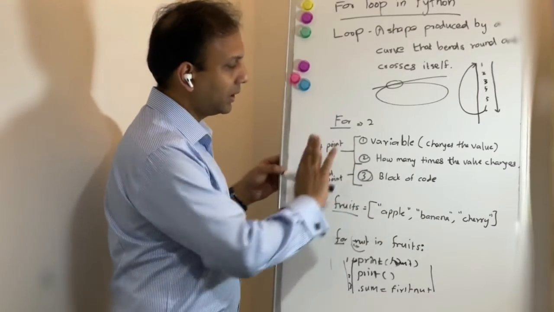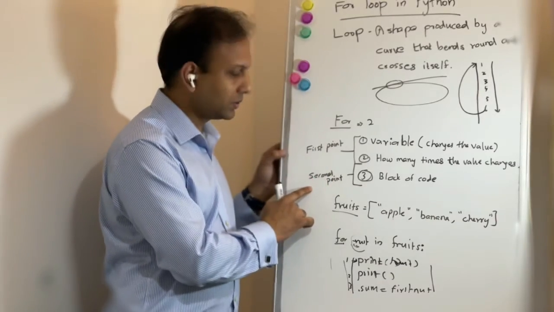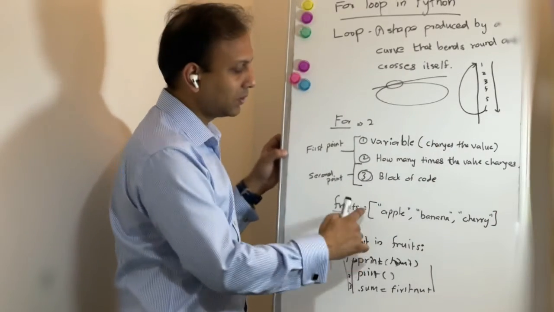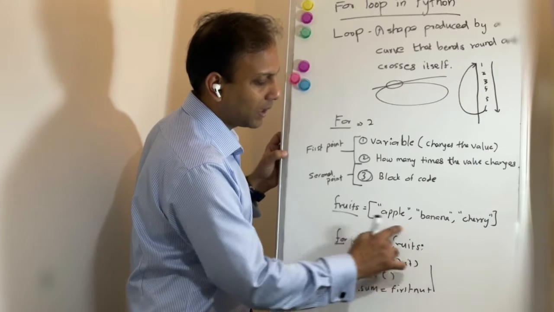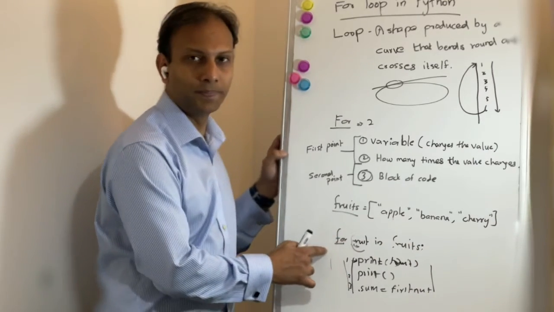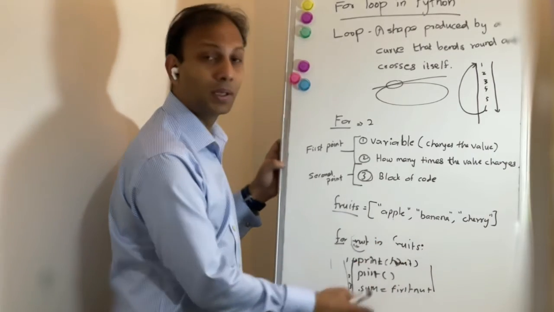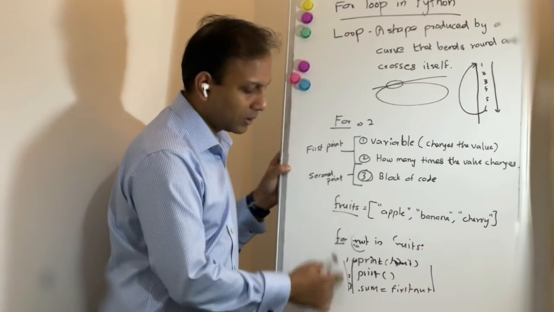And then when you talk about the for loop, these are the 2 points which should be very clear to the student. One is a variable that keeps changing, and the other is how many times it is executed. Whatever you are giving here has to be a number when you're using a for loop. So this particular number is the number of times this loop will get executed. Once it is clear for the student, you can talk about block of code.